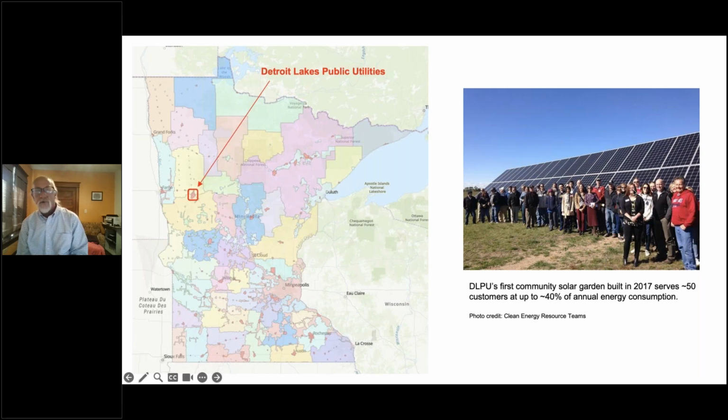Detroit Lakes is in far northwest Minnesota, a very rural area, and this project is partnered with the Detroit Lakes Public Utility because they had an existing solar array, and one aspect of this is there is a capacity to be added on the inverters, and working along with CERTS, we were able to do that and start looking at this. Advance, please.